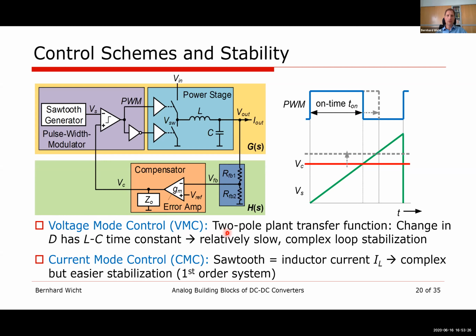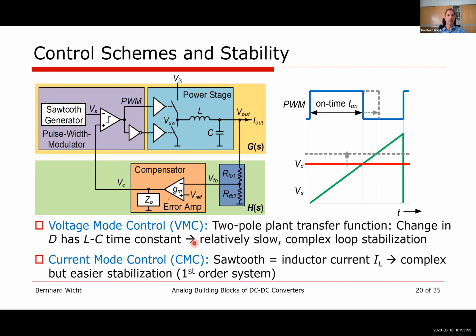However, if you do the calculation of the transfer function, which I left out in this presentation, otherwise it would probably be a little bit boring, but it can be done and is relatively straightforward, then we identify that this LC at the output causes a double pole, and this makes it relatively slow to react. In addition, the loop stabilization is quite complex.